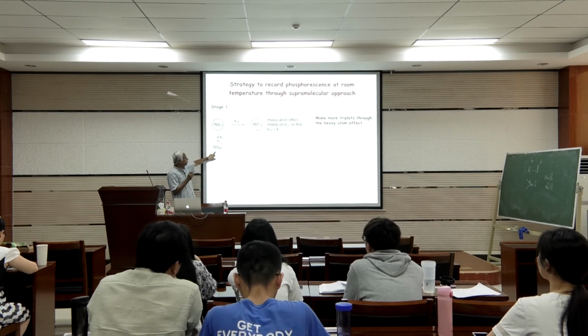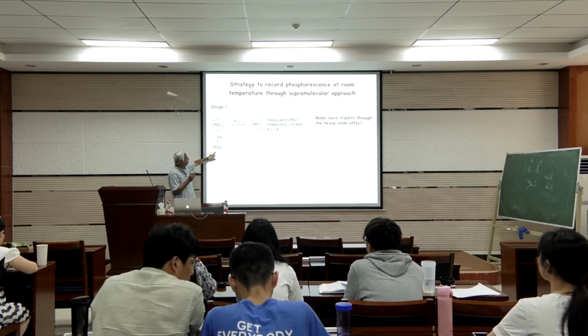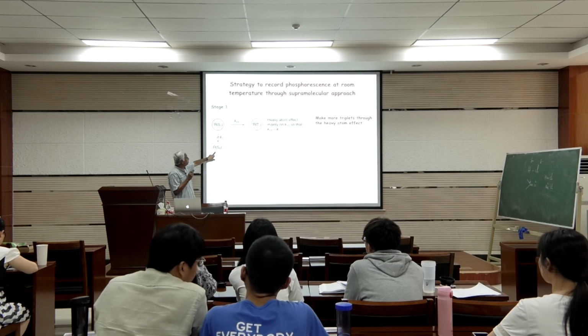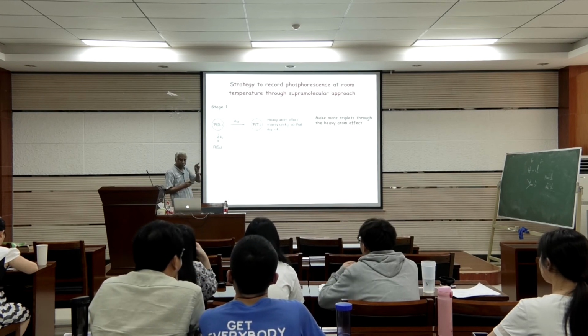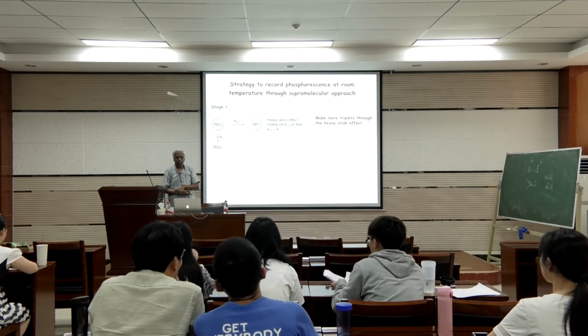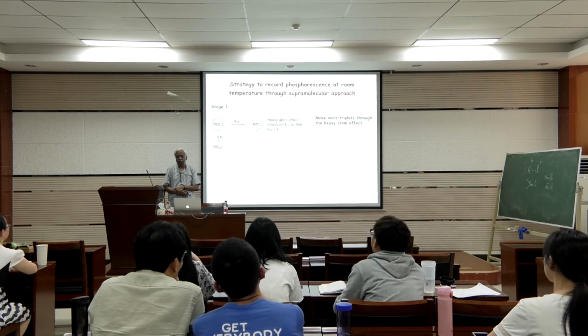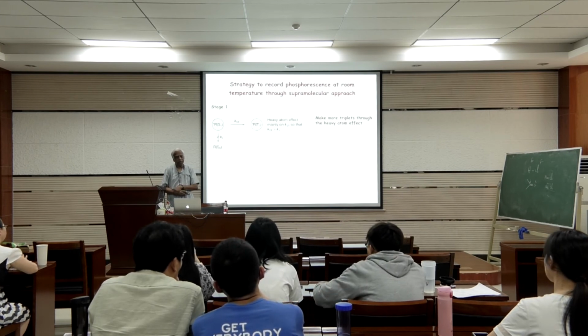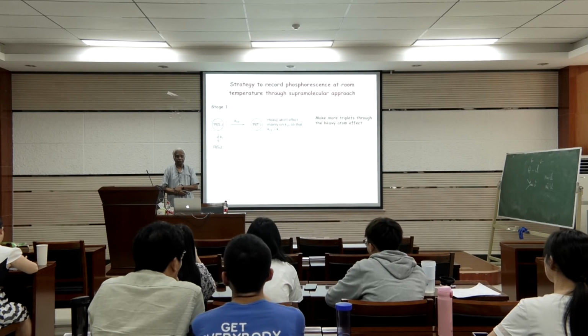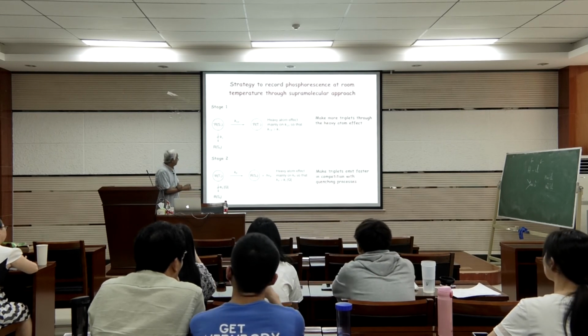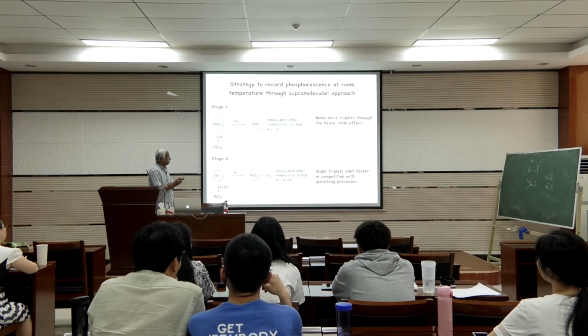To produce more triplets, this number has to go up. This is singlet, that is triplet. They are different spins. The spin change depends upon the spin-orbit coupling, which is directly related to the heavy atoms.